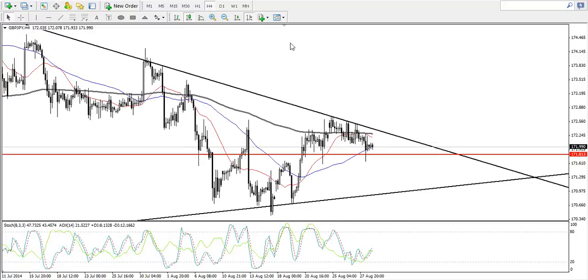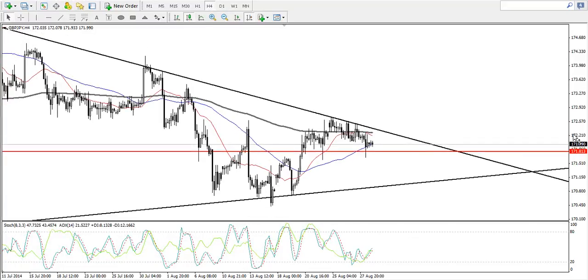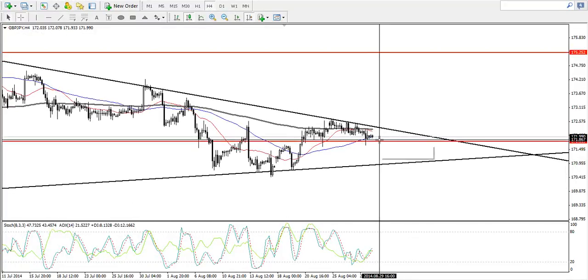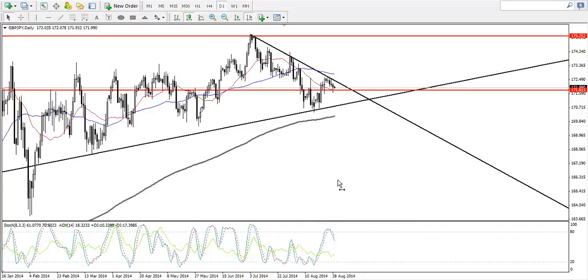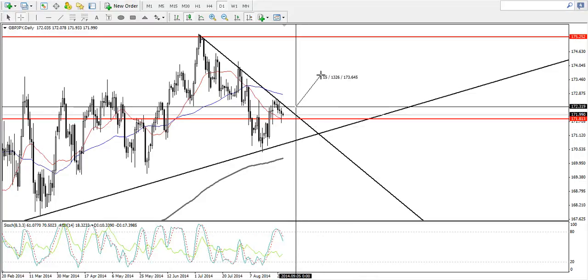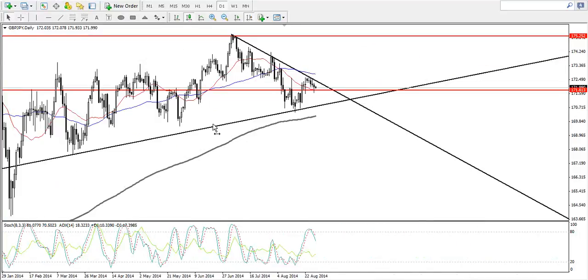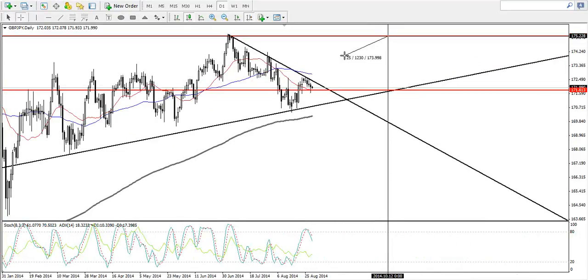But just take note that the risk you have to take is pretty huge, at least about 200 pips. That's quite a lot, but of course you can always control your lot size. If we look at the upside all the way back to the previous high, it's over 200 pips, close to 300 pips, so still not too bad.